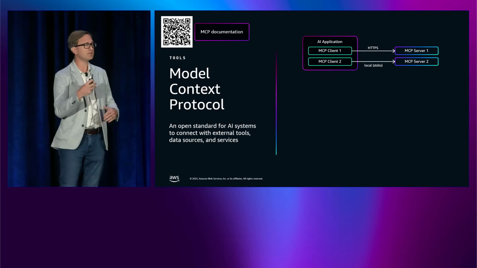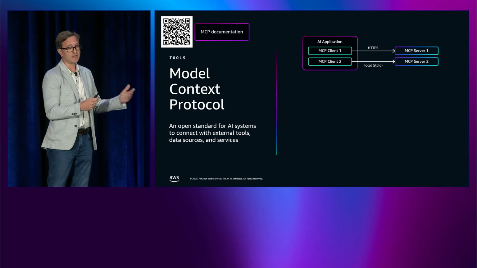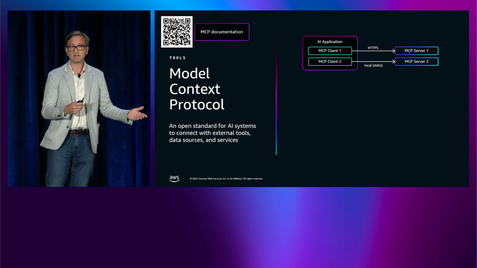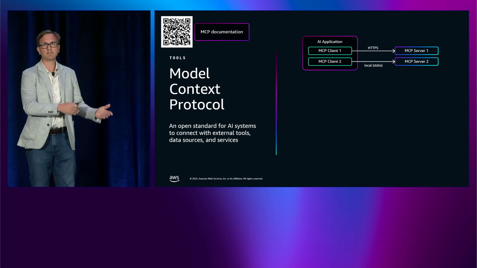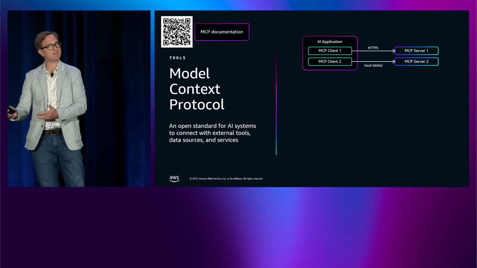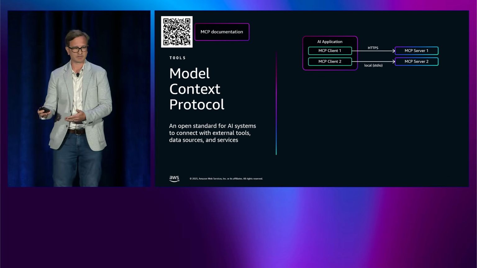So here's an example of what MCP looks like just from a communications perspective. You have an application on the left-hand side. It has a number of MCP clients. And then those MCP clients will communicate with an MCP server to go ahead and take an action or retrieve a result.